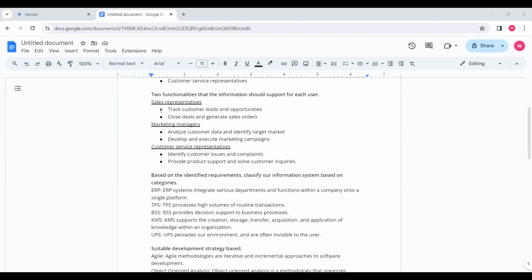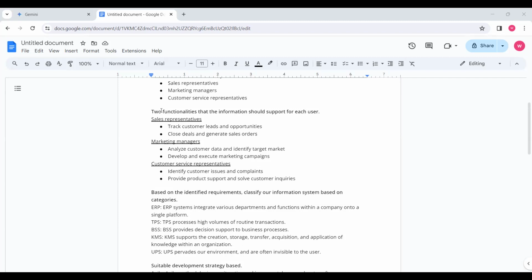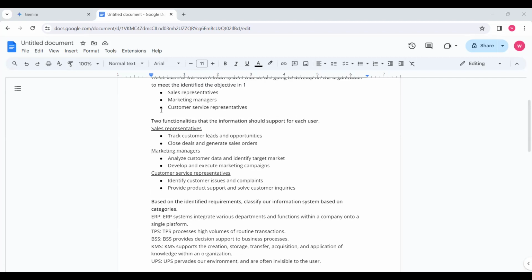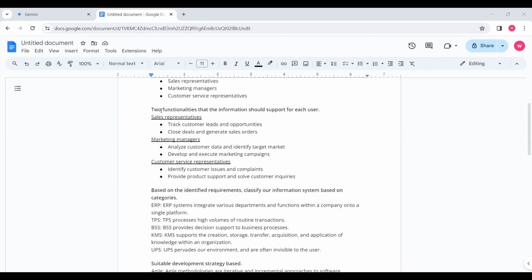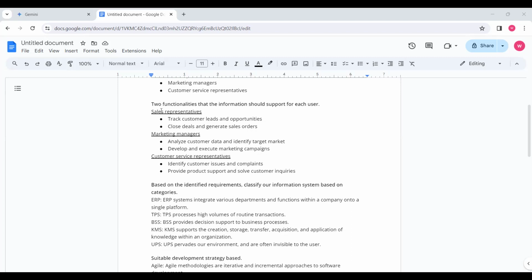No, I mean, now we discuss the fourth one. We wanted to know your opinion on the classification of the information system. Okay. Enterprise resource planning, ERP, systems integrate various departments and functions within a company onto a single platform.